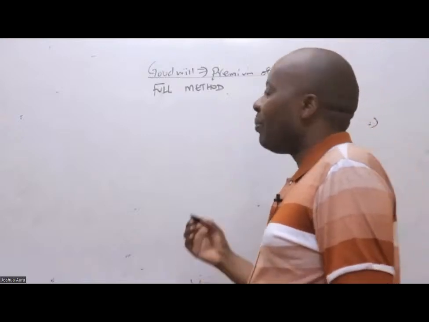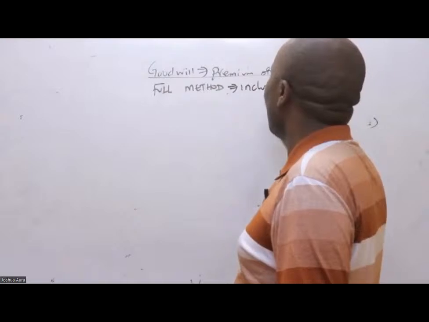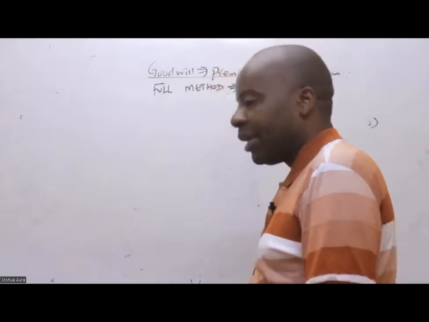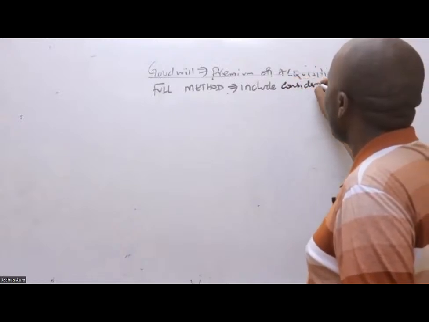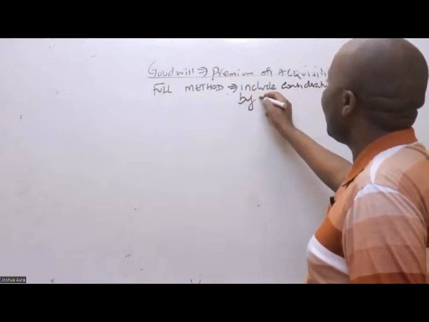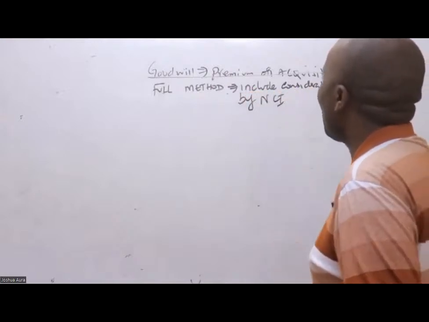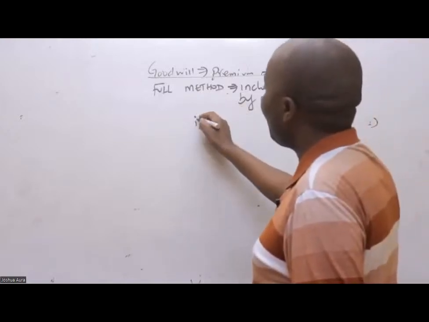In the full method, we include the consideration paid by NCI. NCI is non-controlling interest. Then, ladies and gentlemen, you are calculating goodwill using the full method.